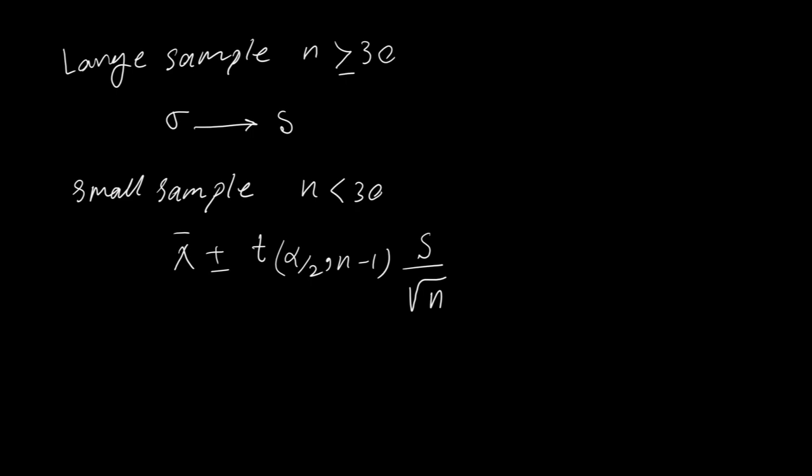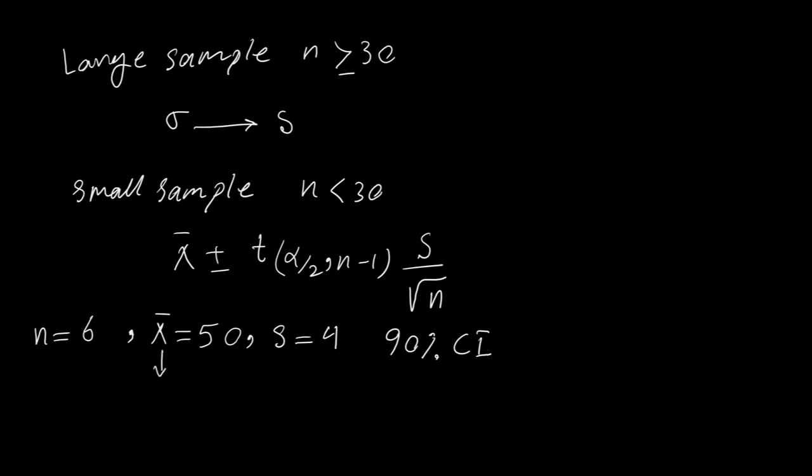For example, suppose that we have a sample of 6 different values, and I know that x bar, the sample mean, is equal to 50. And also the sample standard deviation, S, is 4. I'm looking for a 90% confidence interval.